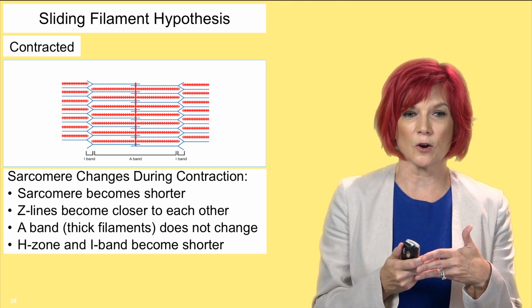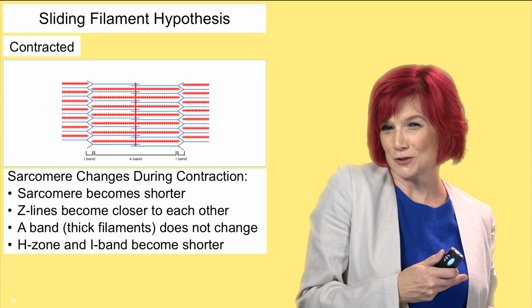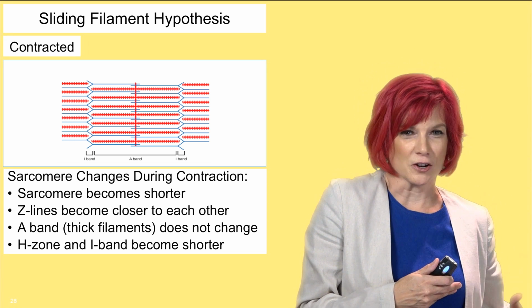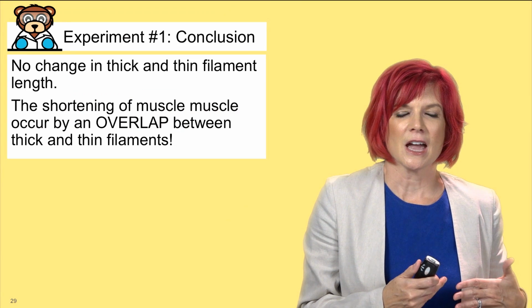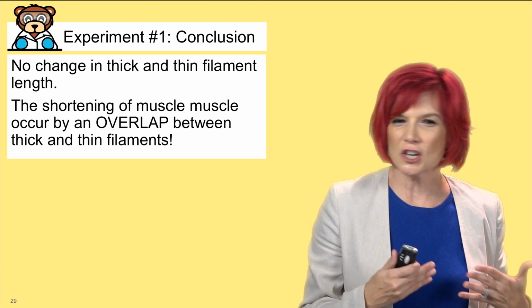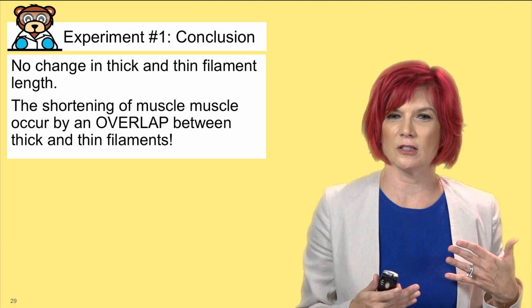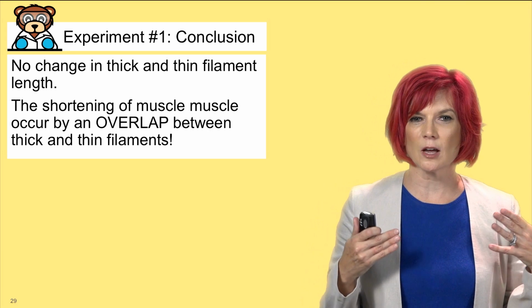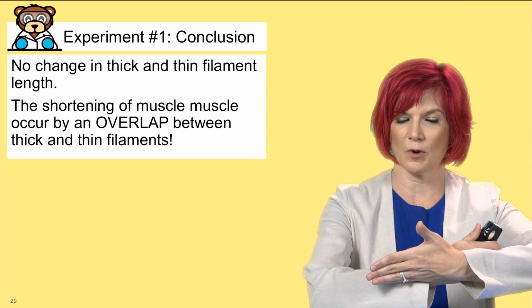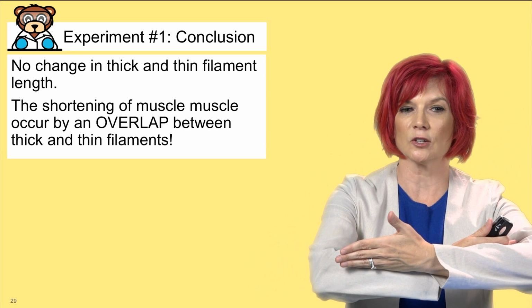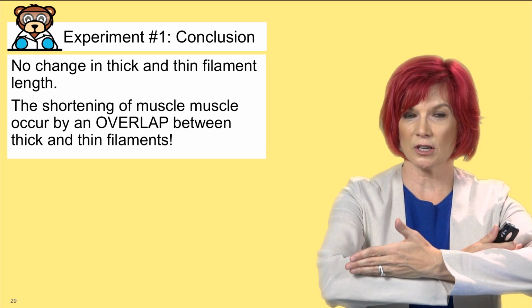What I just showed you or told you about the different changes that took place in the sarcomere are articulated below. And so that led scientists to the conclusion that there isn't any change in the actual length of the thick and the thin filaments during contraction. It's this whole concept that they're overlapping with one another, and that overlapping is allowing skeletal muscle to shorten during contraction.